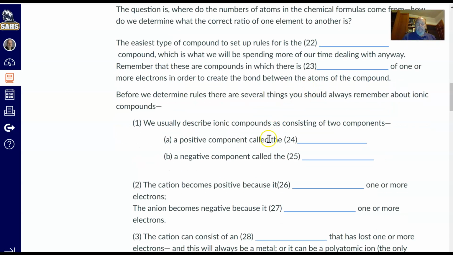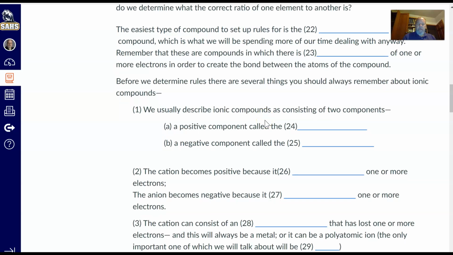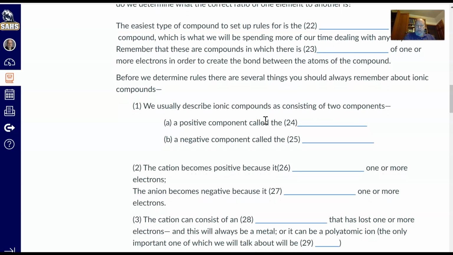Okay, now before we determine the rules for these, there are several things you should always remember about ionic compounds. We usually describe ionic compounds as consisting of 2 components. I have a positive component and a negative component, and I'm going to call the positive component the cation. Okay, it's not cation or cation, it's cation.